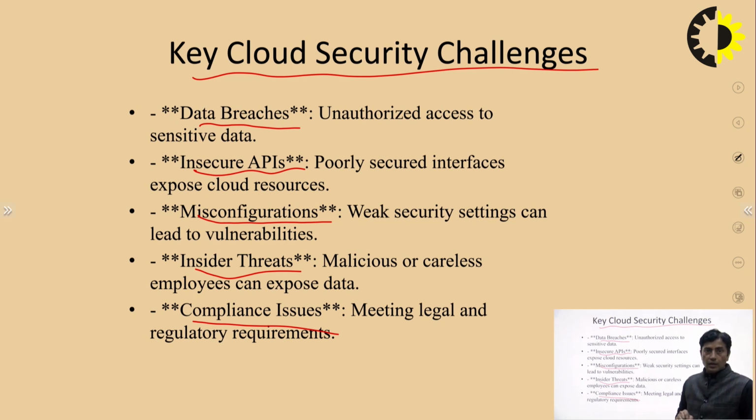Insecure API: poorly secured interface, exposed cloud resources. Whenever you are designing some APIs for a particular service, to give a service to the consumer, that API should be properly secure. There should not be any backdoor. There should not be any unnoticed open port.